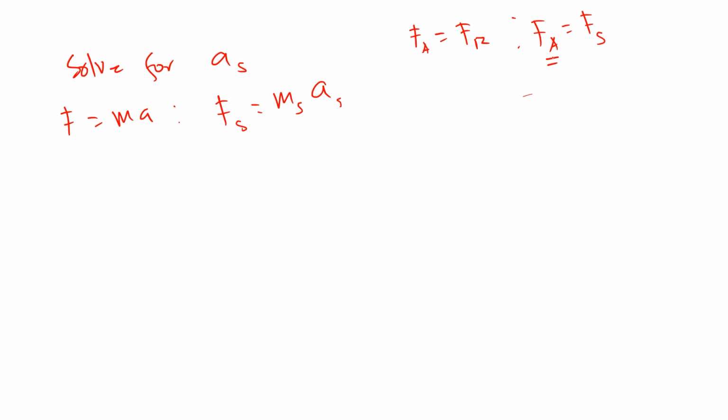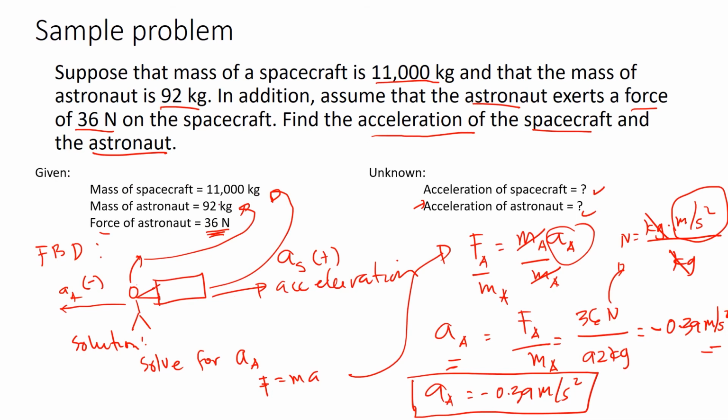So meaning to say, the force of the astronaut is equal to the force of the spacecraft, which is 36 newtons. In that case, we will use the 36 newtons value here to substitute for the variable F sub S here. So this is 36 newtons equals the mass of the spacecraft, which is 11,000 kilograms.